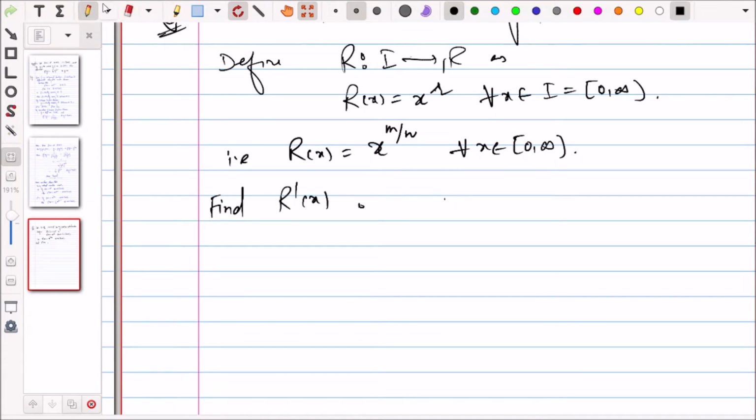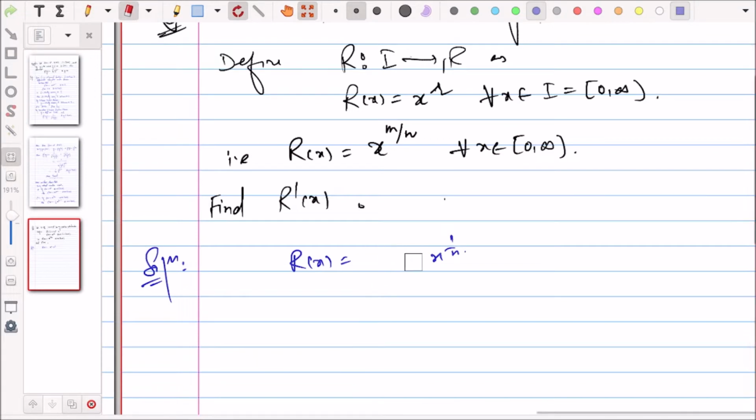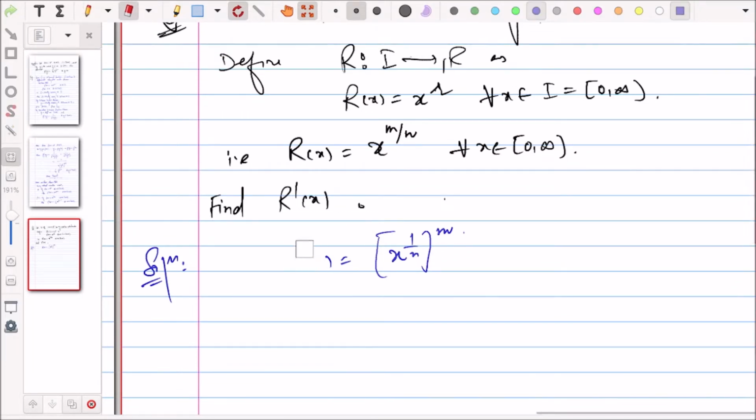So you want to say r(x) is equal to x to the power m dot x to the power 1 by n. That will not be right. No sir, that is not right, that would become a plus. Yes, so you can write it like this, x to the power 1 by n times m. Yes. Okay, so what we will have to do is put it as a composition of two functions.